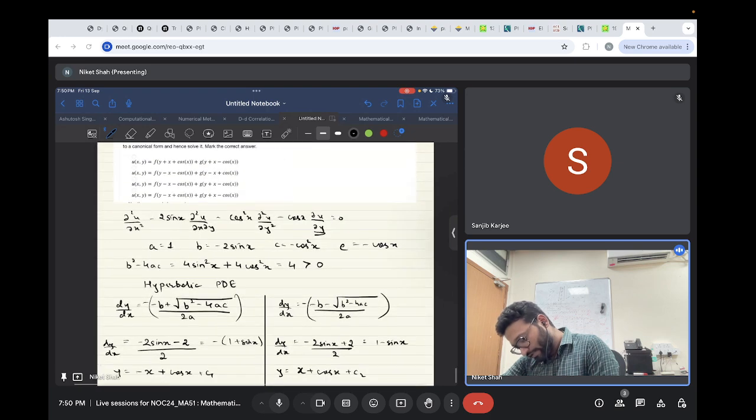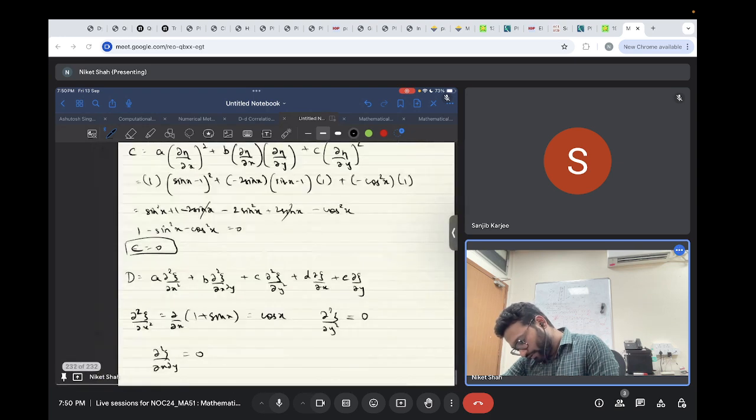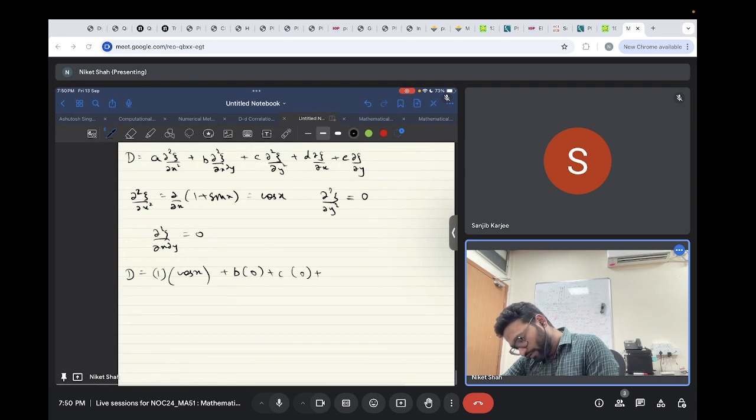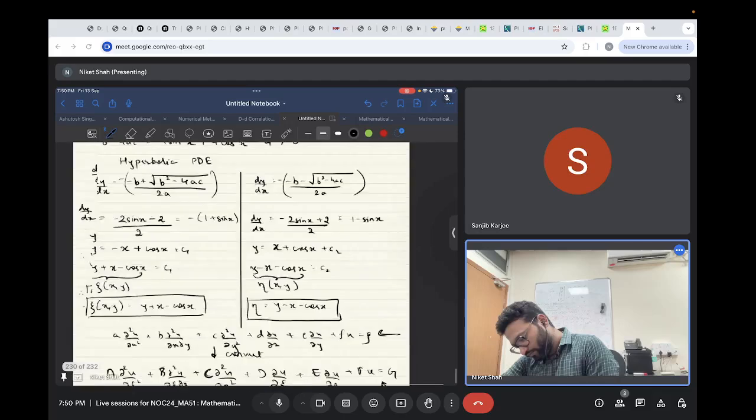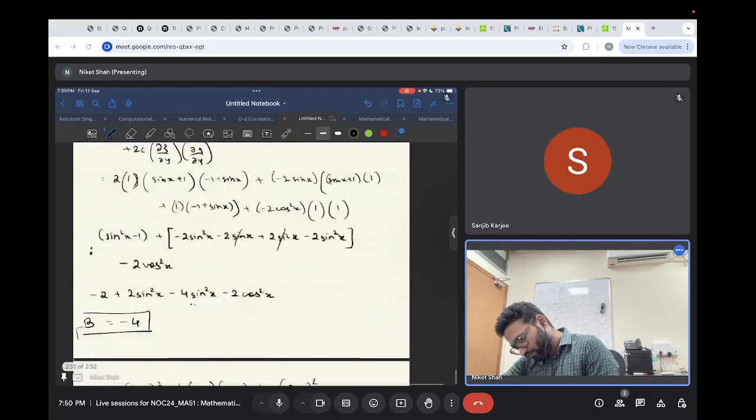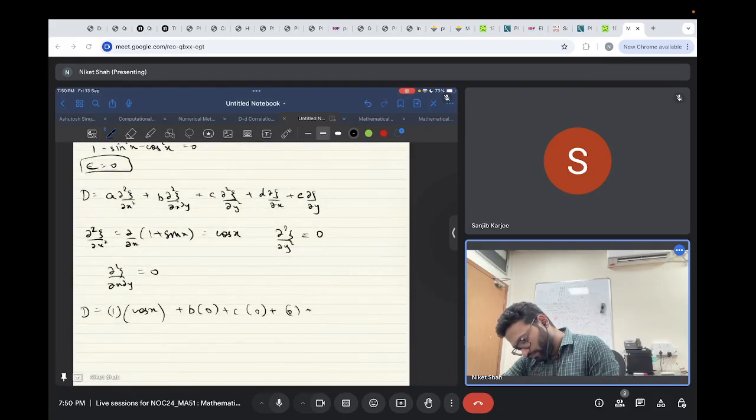So e is minus cos x and d is 0. So here also 0 into something plus e, minus cos x, into del zeta by del y, which is 1. Capital D also comes out to be 0 apparently.